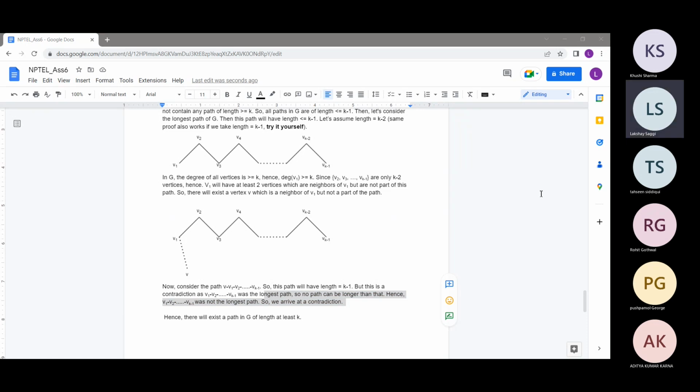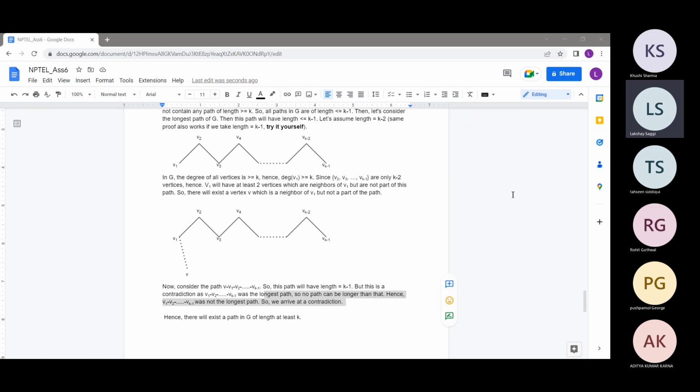So now, Rohit. Yeah, Khushi, you are asking in chat about V1 to Vk minus 1, the number of vertices being k minus 1, right? Yes, the number of vertices from V1 to Vk minus 1 is k minus 1, but the length of a path is defined as the number of edges. So the number of edges will actually be k minus 2.